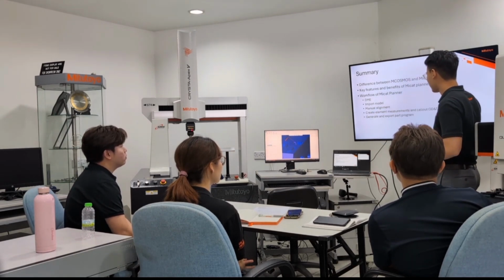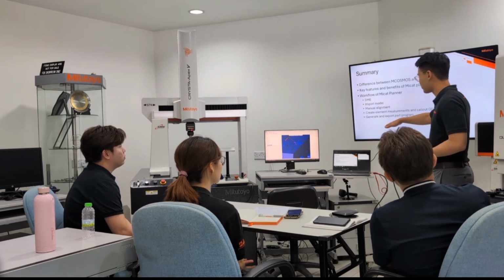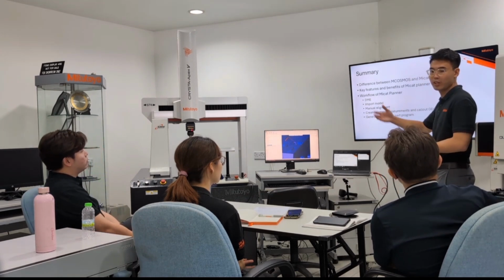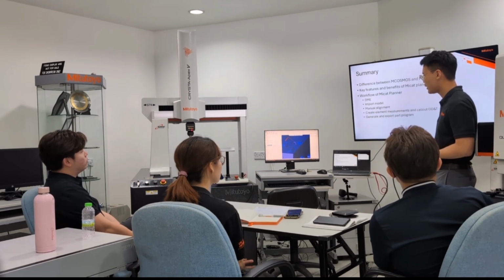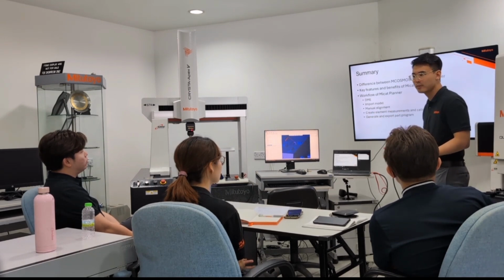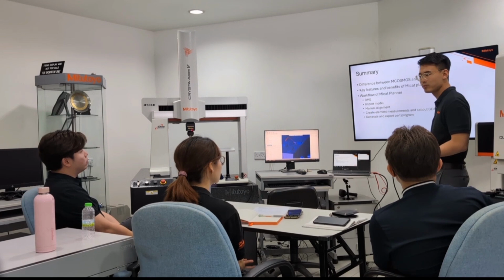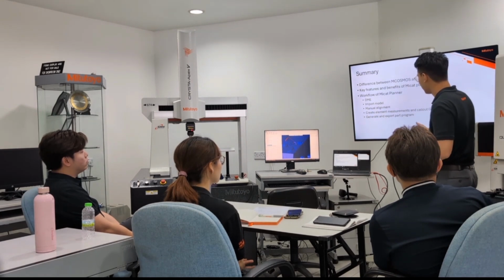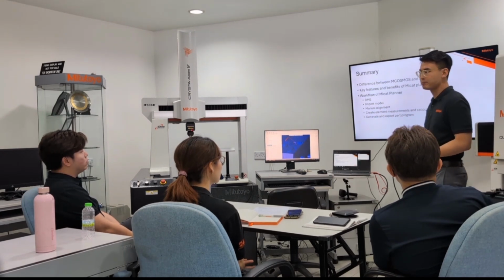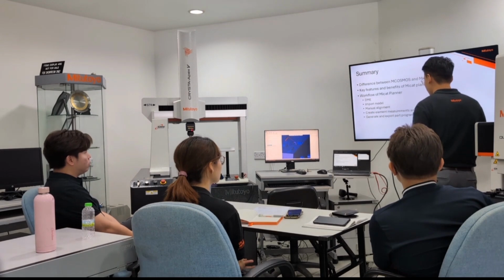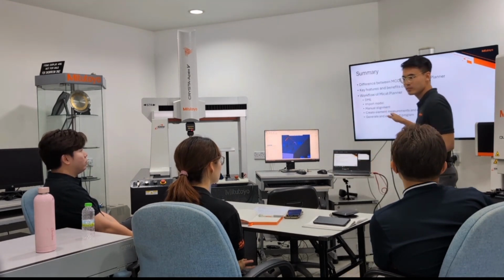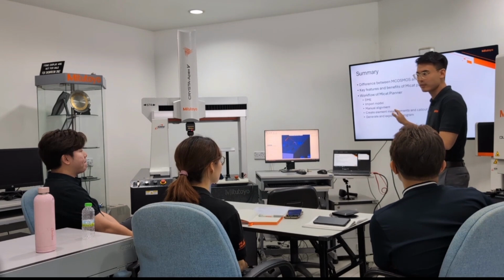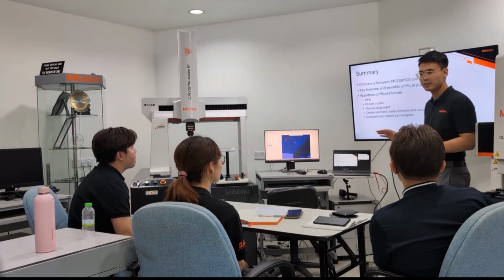And then we generate the part program, but we can also simulate it. You can see how the movement is. If there's anything you can improve, maybe some small movements, after that you can export the part program. So, any questions about the workflow? Is everything clear?